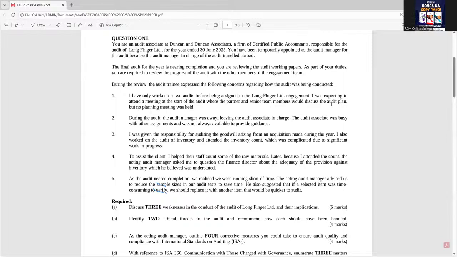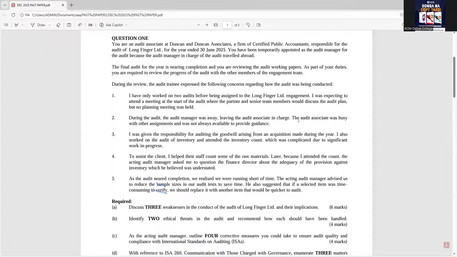For example, in this case, you can talk about lack of an audit plan. So before the audit commenced, there was no planning that took place, or no initial meeting that was conducted to give guidance as to how the audit will be undertaken.